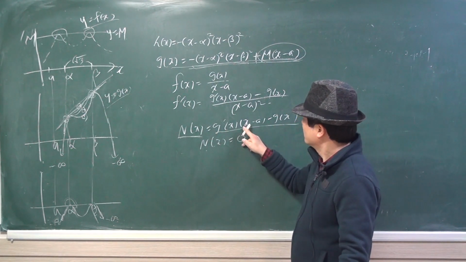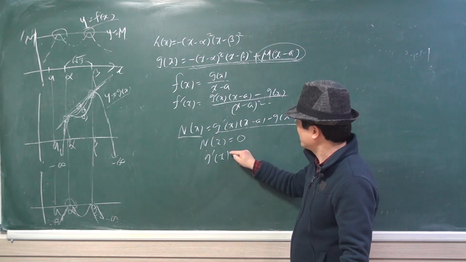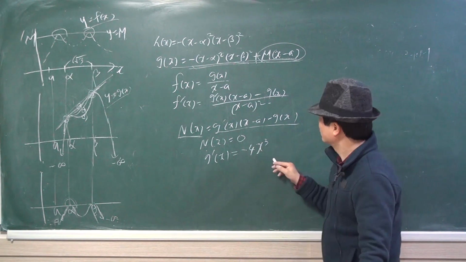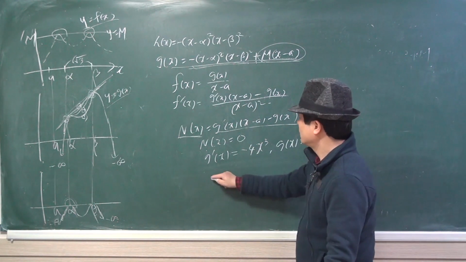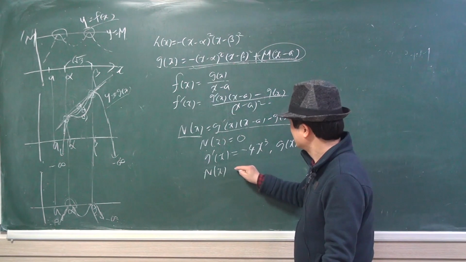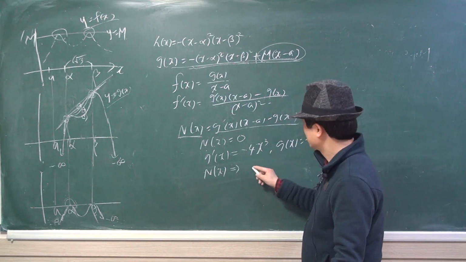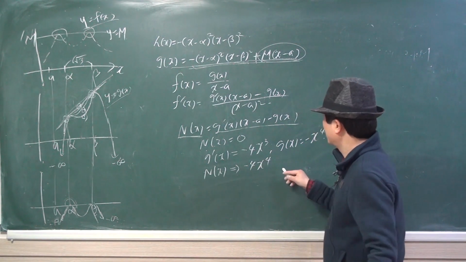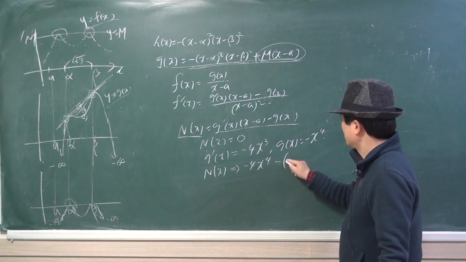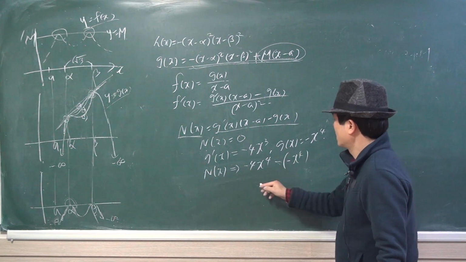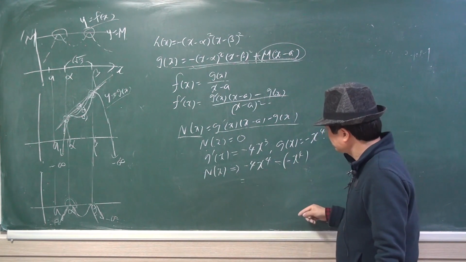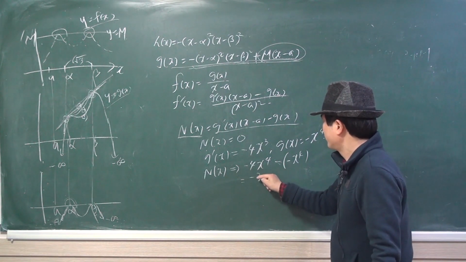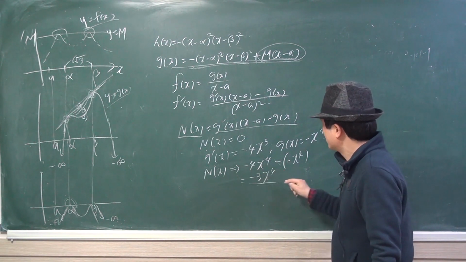g'(x) equals minus 4x cubed. The leading terms of n(x) equal minus 4x to the fourth minus x to the fourth. Then it is minus 3 times x to the fourth.